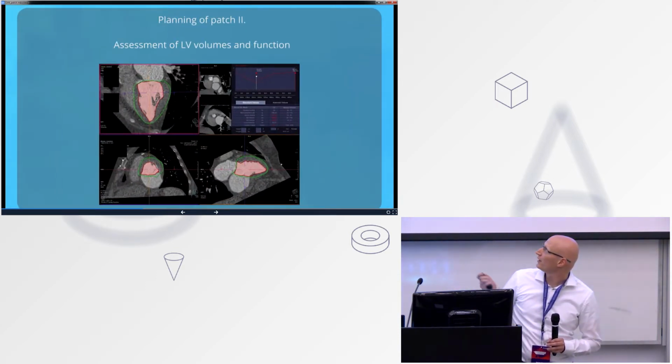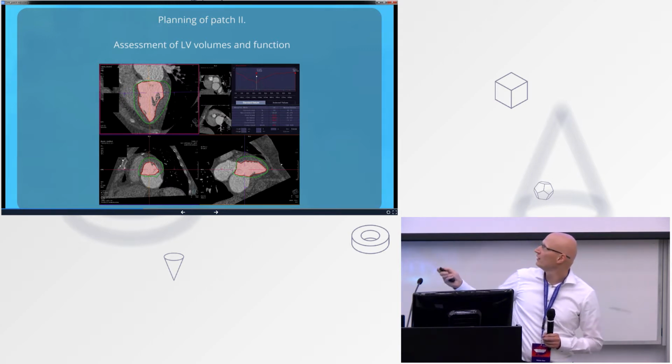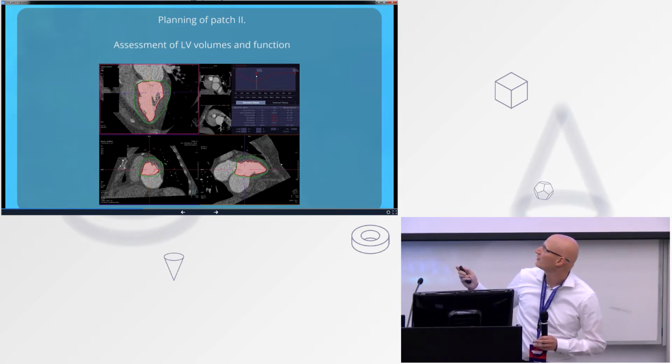Then we could calculate the expected volume of the left ventricle with the different patches, and also the function of the left ventricle. So we have systole and diastole images with the same patches.